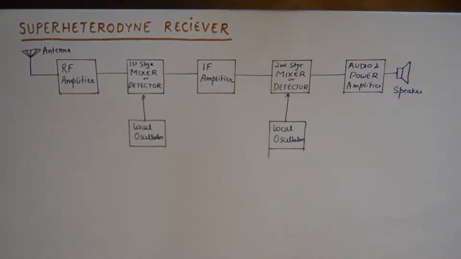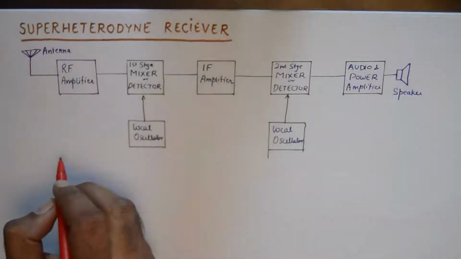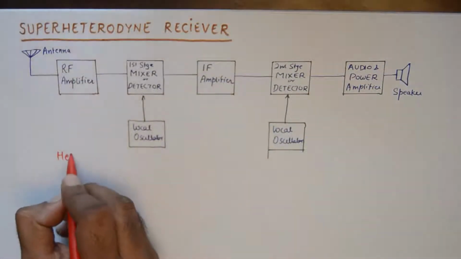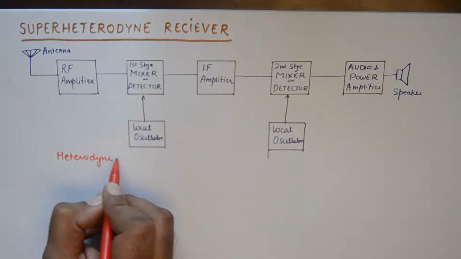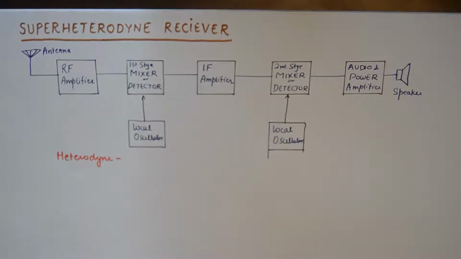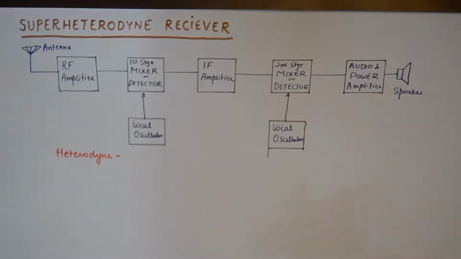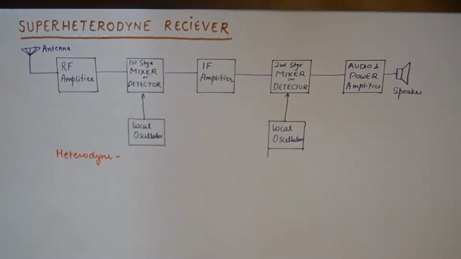First things first, we need to understand what heterodyning means. Now, if we talk about the word heterodyne, it means that mixing two frequencies together to make a new frequency is known as the process of heterodyning.